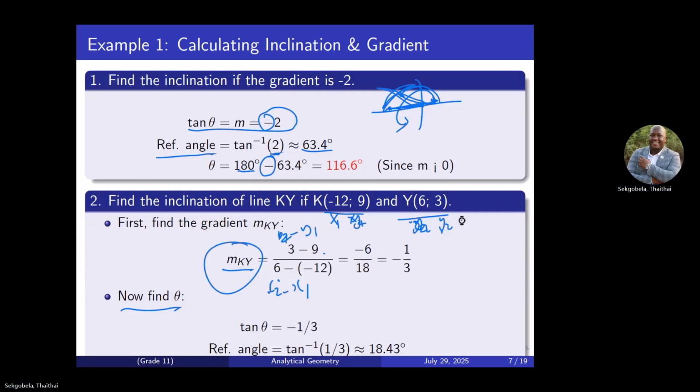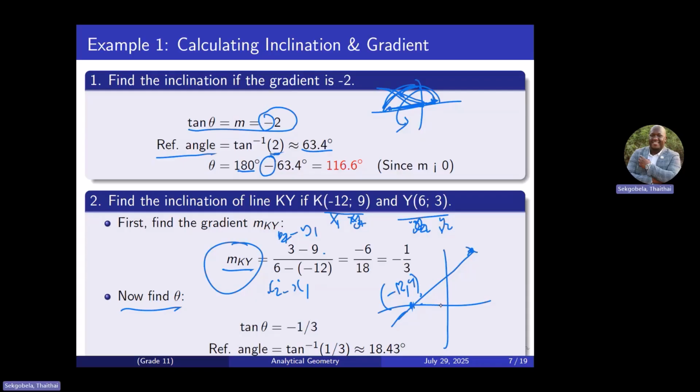In that case, approximately 18. Something is missing here. We can look at this point. If you draw a Cartesian plane, where will this be? It will be somewhere in between, I think, because we're going to have x and 9, and then we're going to have the positive here.